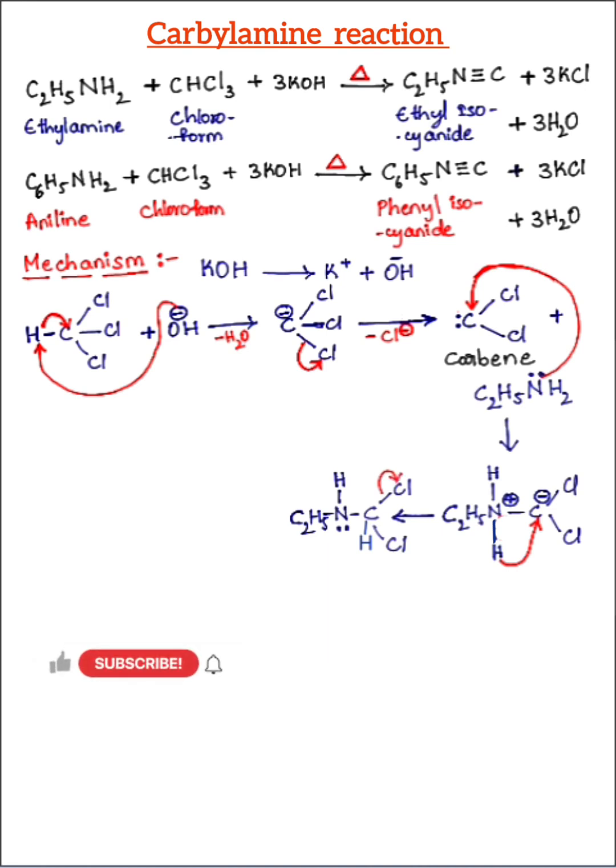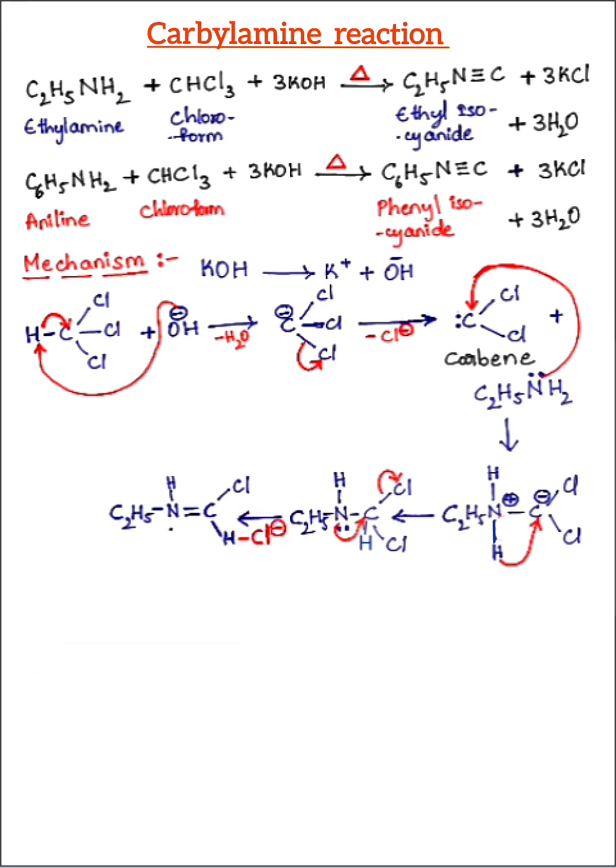When I remove Cl- here, this nitrogen donates its electron to this carbon. This positive charge and this lone pair of electrons and donation of electrons form a double bond here. You can clearly see, whenever chloride leaves, carbon gets a positive charge and nitrogen gives electrons and forms a double bond. So Cl- is coming out.